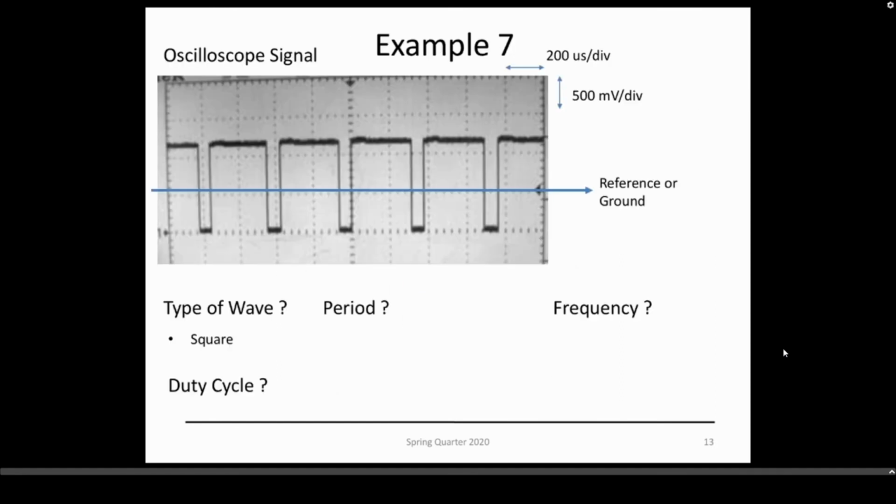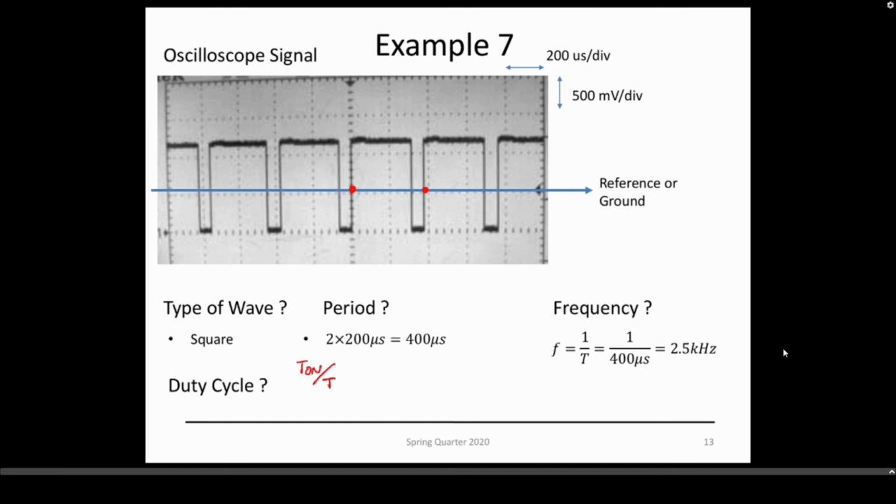Type of wave, square wave. Period, we can go from here until it repeats, which is here, roughly 2 units, so 2 times 200 microseconds. Frequency is the inverse. Now what is the duty cycle? I already know the equation for the duty cycle. It's the time that it's on over my period.